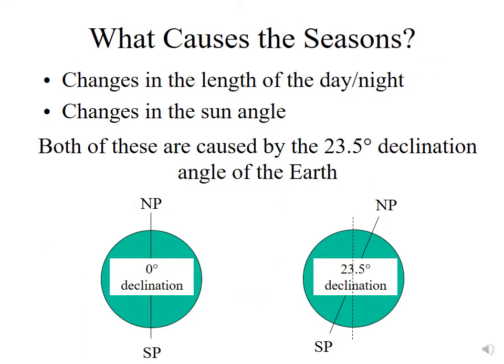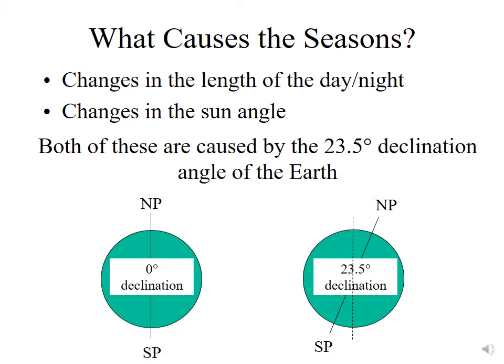So what causes the seasons? Well, primarily it's changes in the sun angle and the changes in the length of the day and the night. And both of these are caused by the 23.5 degree tilt of the Earth.